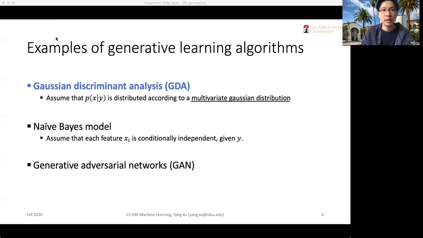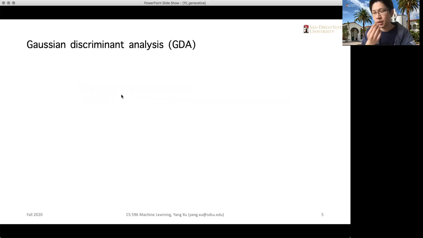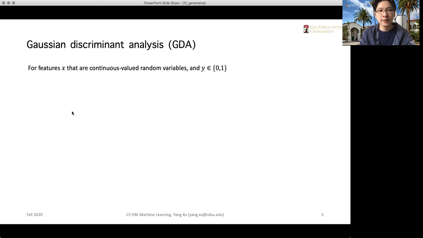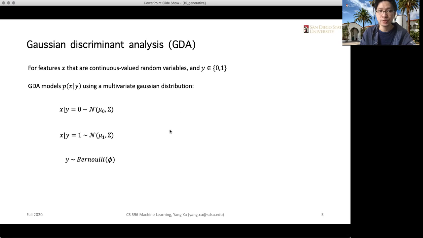But today, the data we are going to use is labeled, so that will make things easier compared to the mixture of Gaussians and the EM method. So for a feature that has continuous random values, and our label is a binary label for simplification, the GDA will model this conditional probability with a multivariate Gaussian distribution.